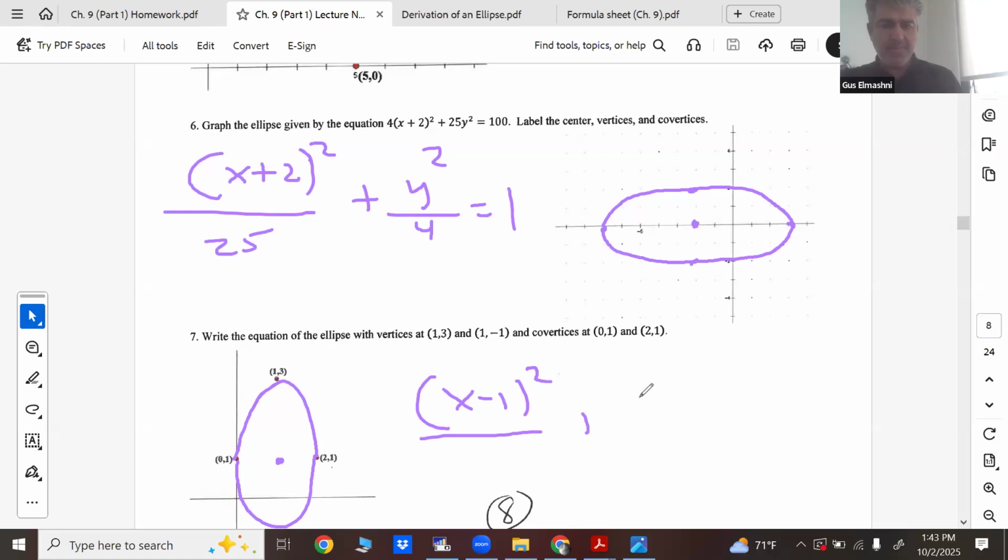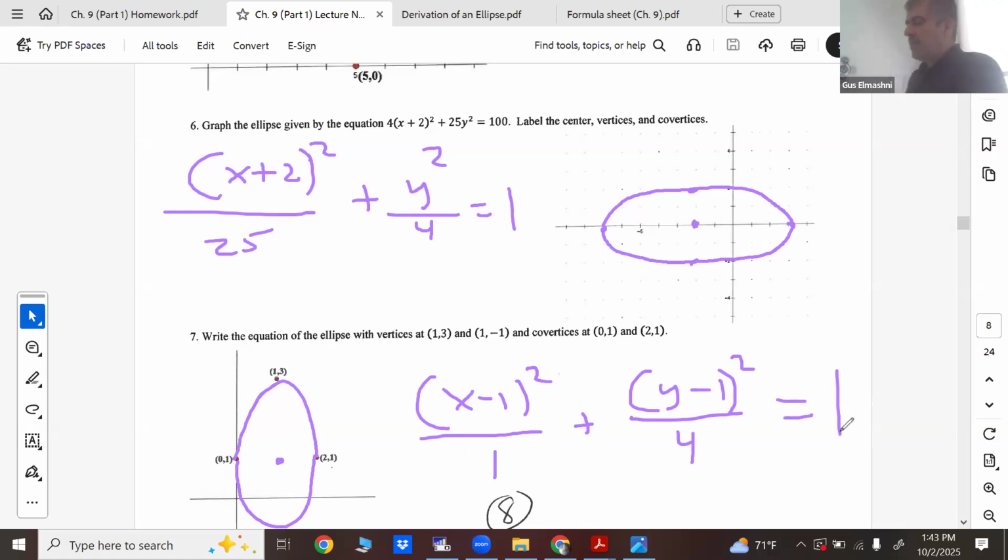Away from the center. Yes, so from the center, it always goes along the major axis. Correct. Let's see here. Okay, hopefully you guys gained that. I could be wrong.